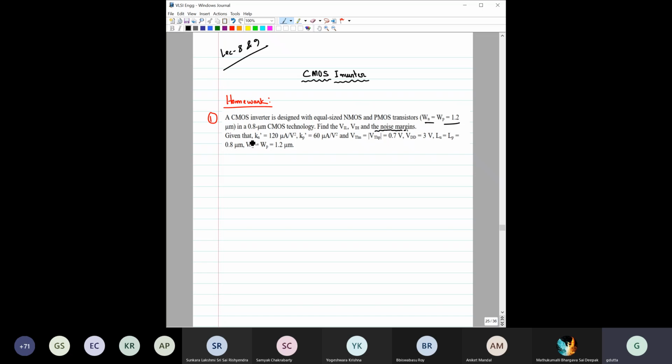Given the gain factor KP value and the threshold voltage of both these transistors are also given. VDD is mentioned as 3 volt. LN and LP, that is the gate length. This information is given to you, and you need to find VIL and VIH, and to find the noise margin you need these two as well.